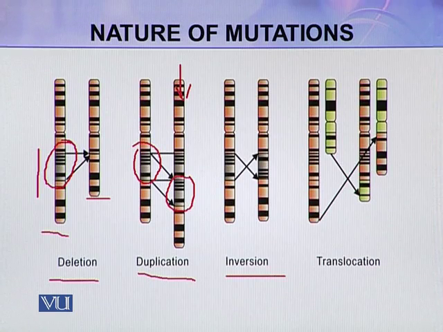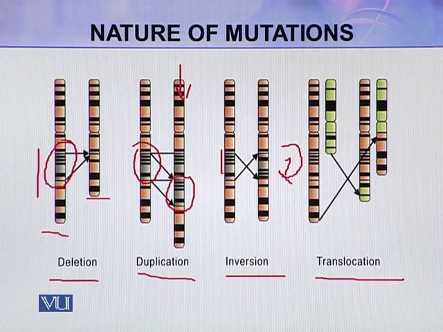Similarly, in case of inversion, this sequence has been inverted here. So the sequence is inverted in the opposite direction. Such mutations are called inversions. Similarly, these are translocations. So in case of translocations, a piece of chromosome may be deleted and it may attach to another chromosome.